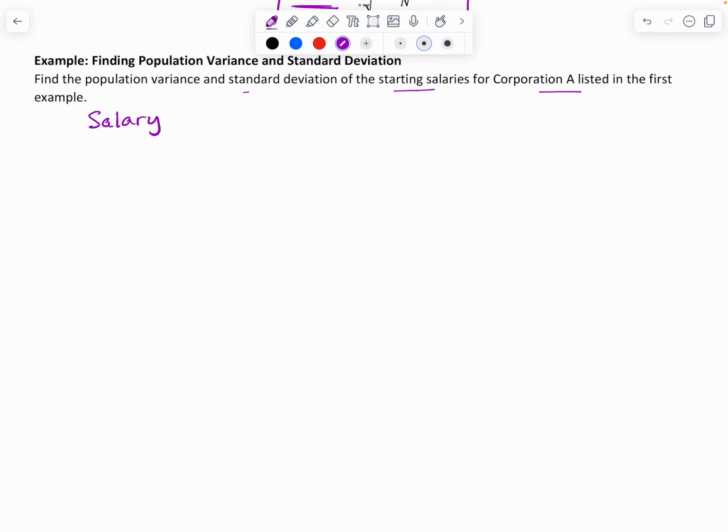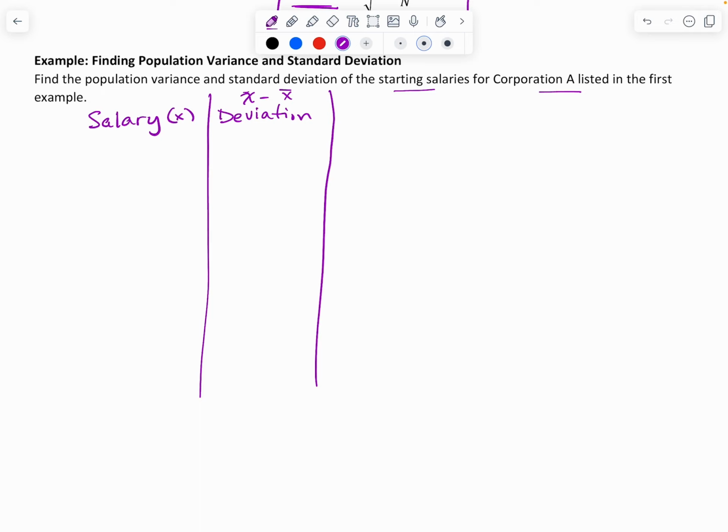I have my salary, which is going to be my X value. I'm going to have to do next my deviation. Not standard deviation, but deviation, which is X minus my mean. And in this case, it was just a sample, so X minus X bar.